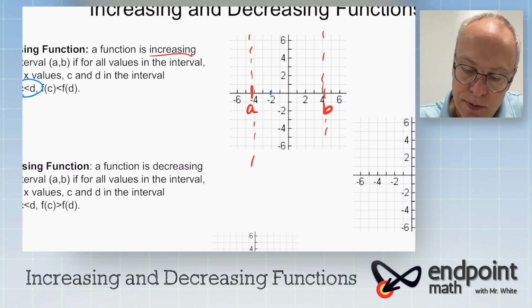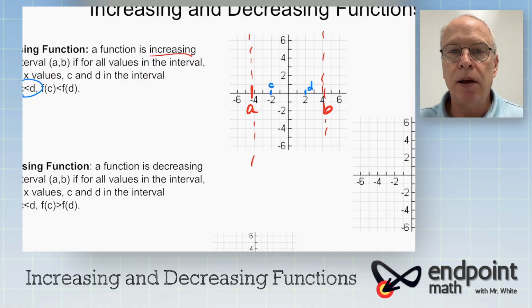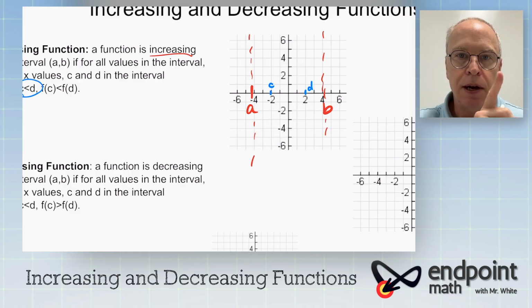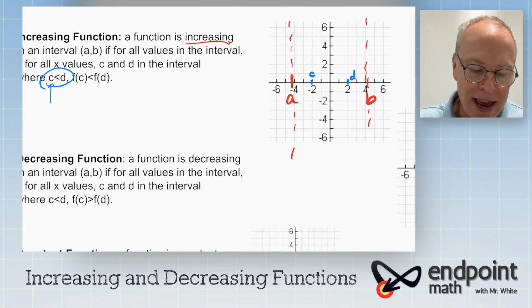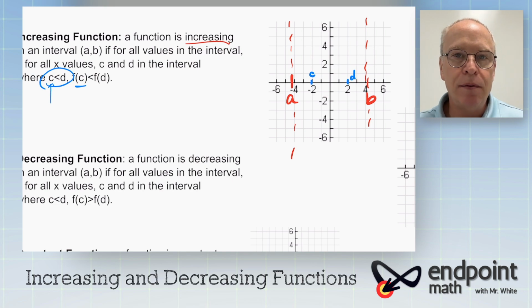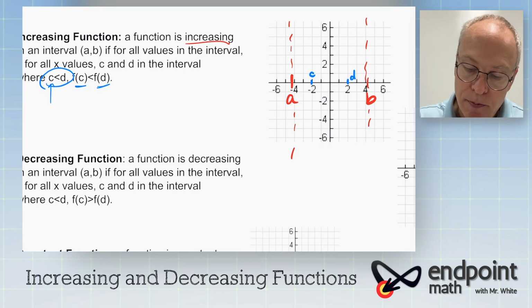Okay, so this might be c, this might be d. Wherever we put it, c has to be to the left of d on the graph. And the output of c has to be smaller than the output of d.